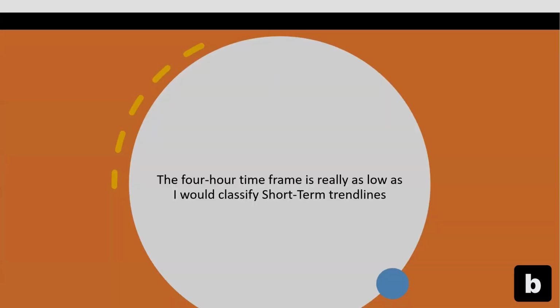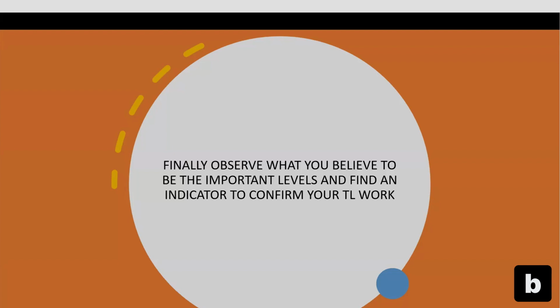So from there as well, I think something we want to also do is to finally observe an indicator, how this can be important as well. I think with trend lines alone, they give some indication of what's going on in the market.